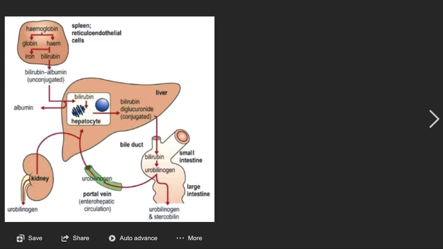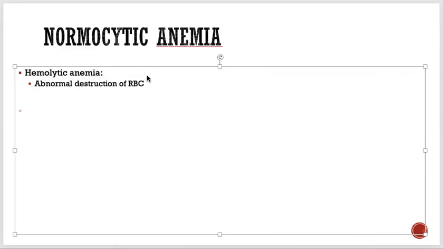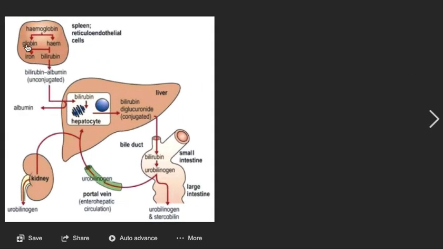Now the important thing over here: when the red blood cells are destroyed inside the blood, remember the blood is running inside the intravascular space. So hemoglobin is released when the RBCs are destroyed. Again, I will show you this one. This hemoglobin which is released, much of that is degraded and much of that is freely circulating in the blood.